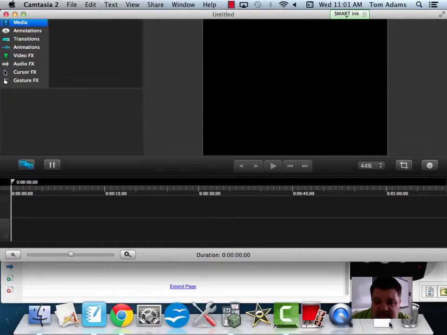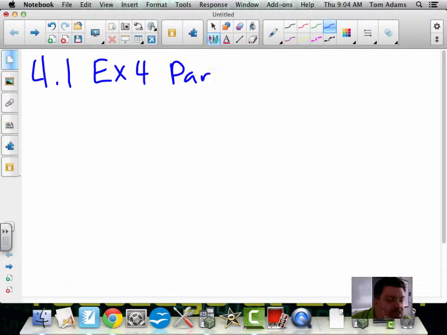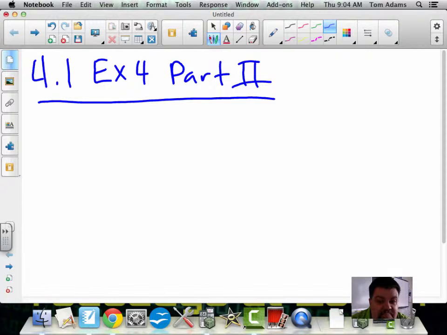First was the boundaries. Second was the zeros of f prime, and then when f prime doesn't exist. Well, if you look at that problem, f prime doesn't exist when the denominator equals 0, which is basically the same scenario as f.